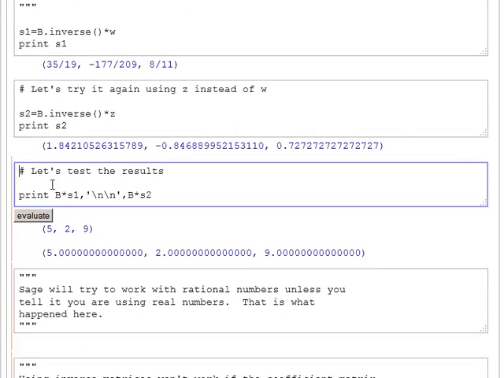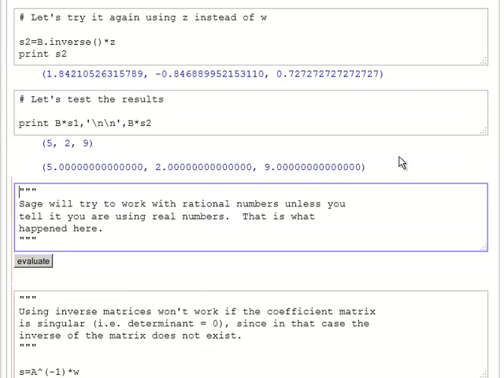Okay, so print B times the first solutions. The first solutions were using the rational numbers, and then I have space, and then I have B times the second solutions. Those were using the decimal numbers. In the first case I get 529. The second case I get 529, except in a different form.